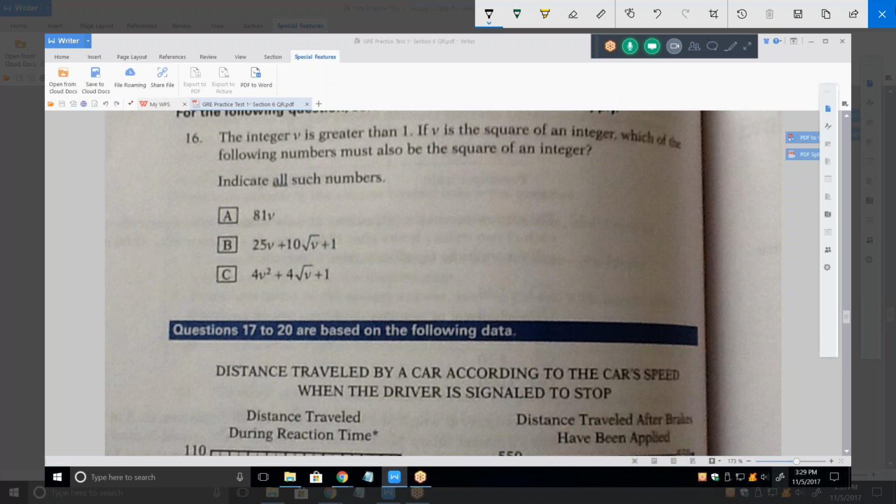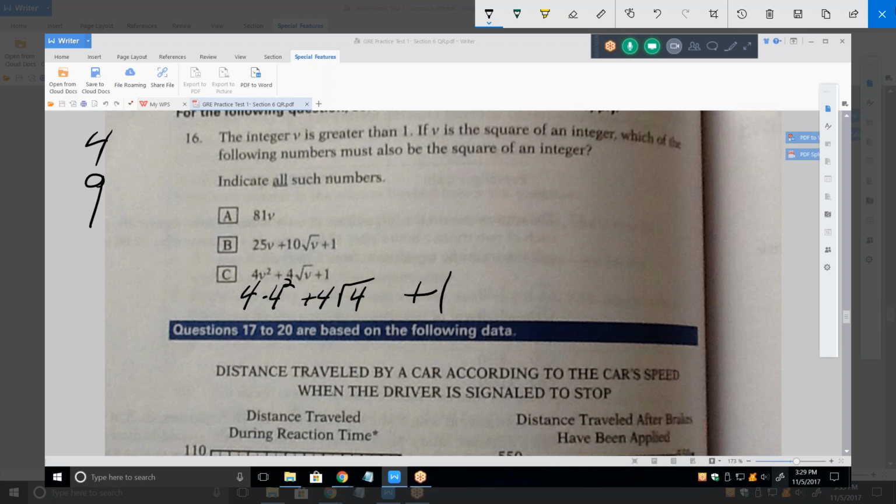Some of these may be easy to disprove if the very first number we try doesn't result in a perfect square number. Always use your low numbers, the ones that make the math easiest. So this one is 4 times 4 squared plus 4 times the square root of 4 plus 1.